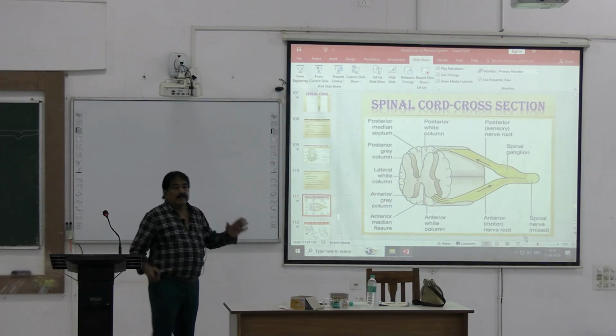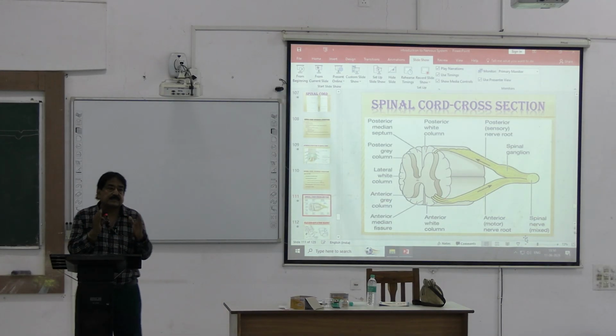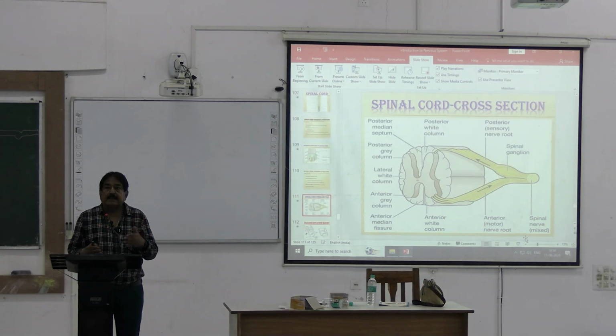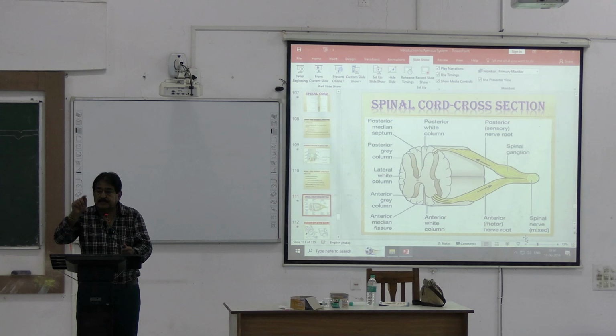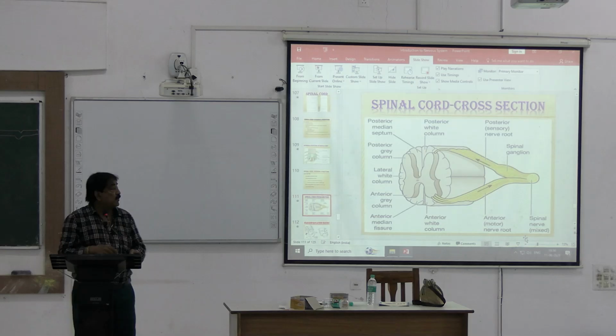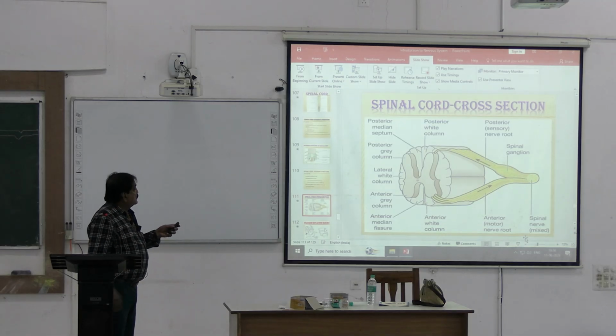Now, what I want to stress is that if you just read and memorize this, it won't stay. Draw, label them, yellow for nerves, and keep it a simple drawing.